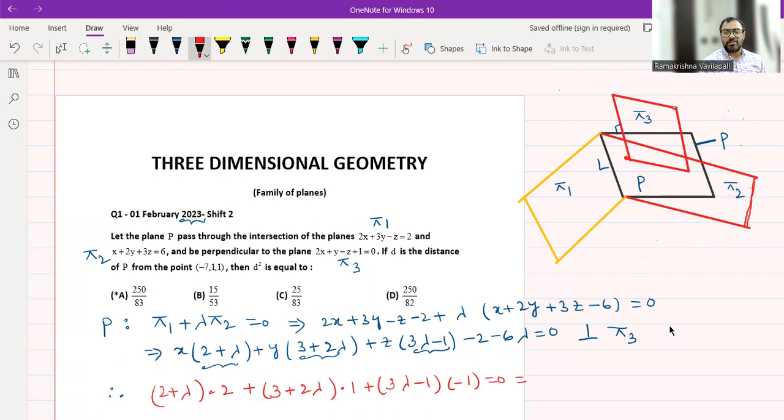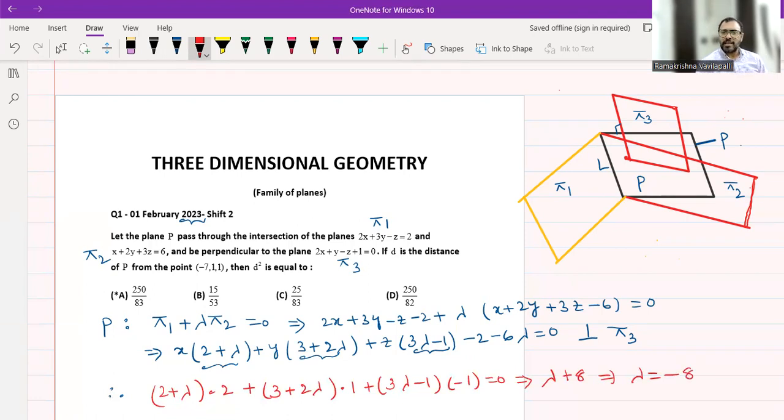So we need to find the value of lambda. Here you see 2 lambda plus 2 lambda, 4 lambda, minus 3 lambda, so you will get only 1 lambda. Here 2 into 2, 4, plus 3 into 1, 3, it is totally 7, and 7 plus 1, 8. So we got lambda equal to minus 8.